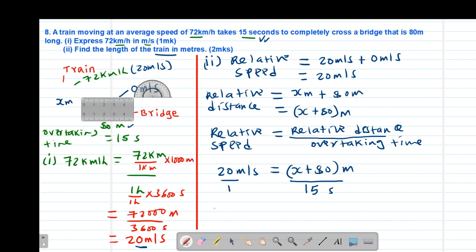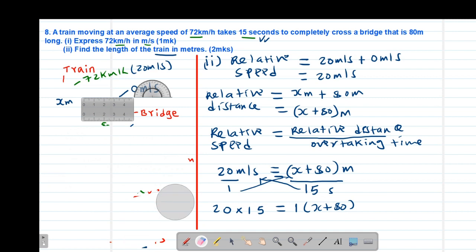If I cross multiply, 20 multiplying with 15 equals 1 multiplied by x plus 80. So 20 multiplied by 15 gives 300, which equals 1 times x, which is x, plus 80.